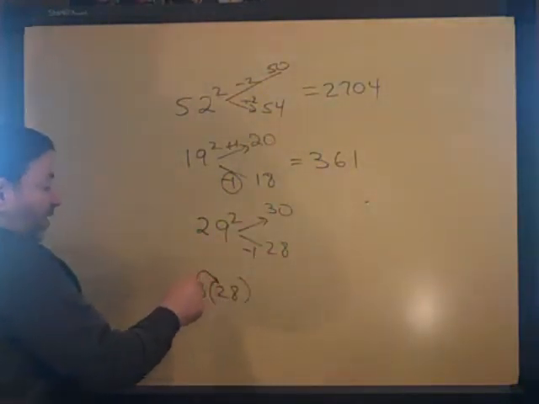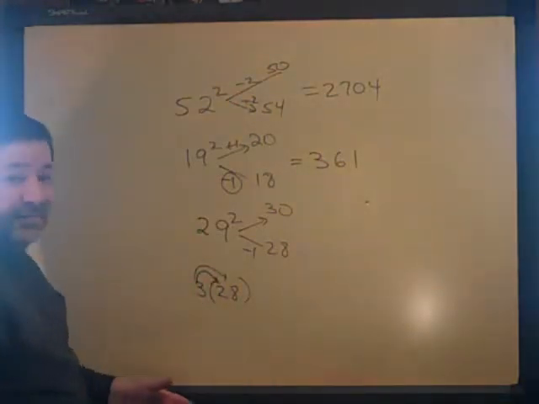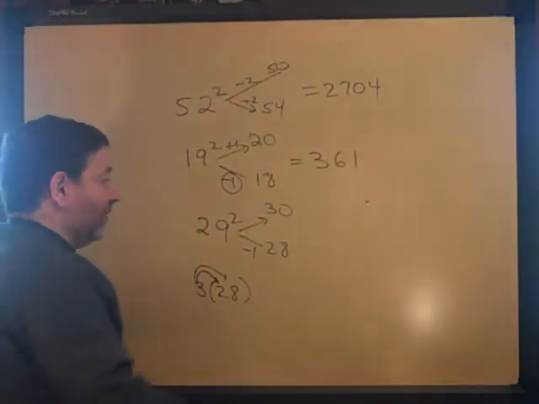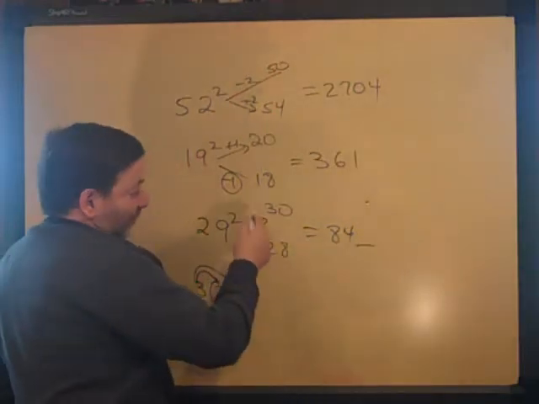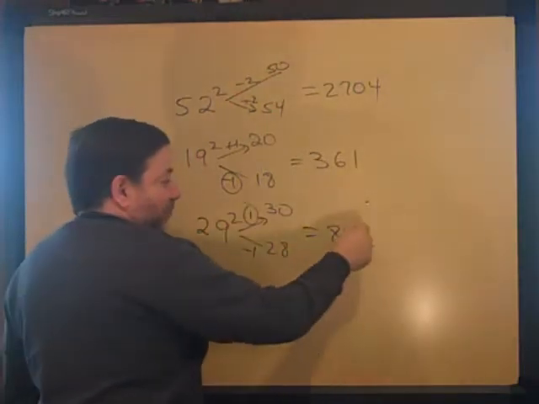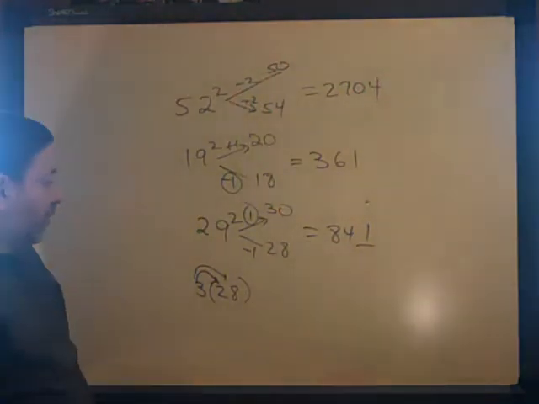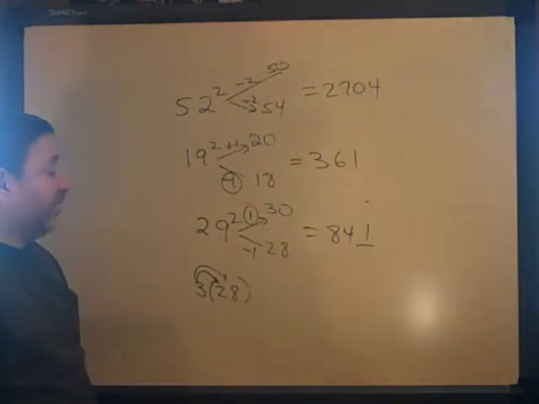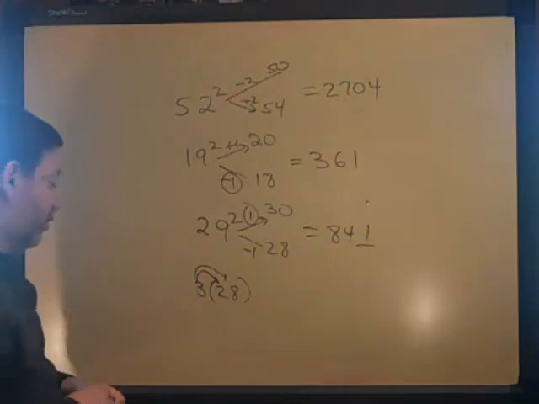You get 60 and 24. 60 and 20 is 80 plus the 4. 84, but it's really 840. But then again, you want to add 1 to it anyways. 841. All you really have to do is multiply 28 by 3, 84, and then say the number 1 afterwards.